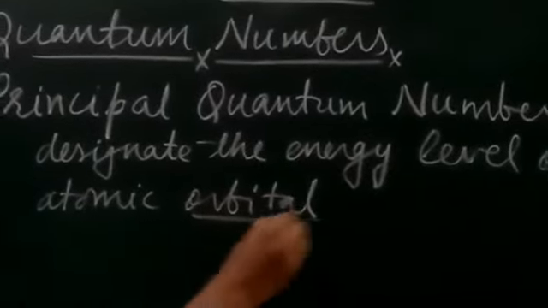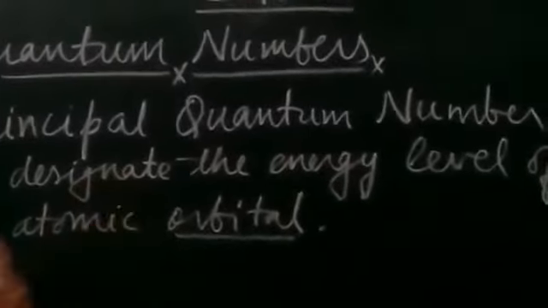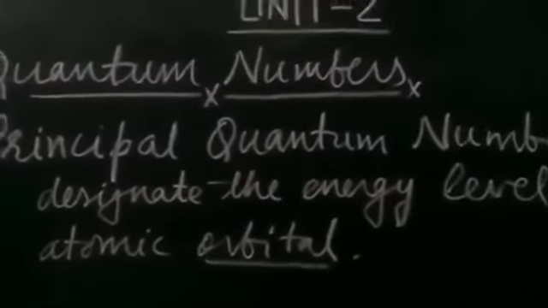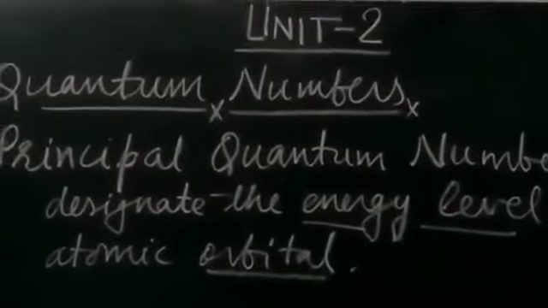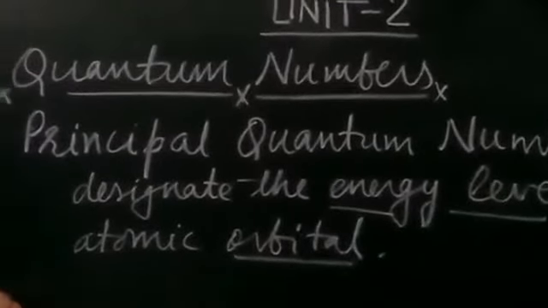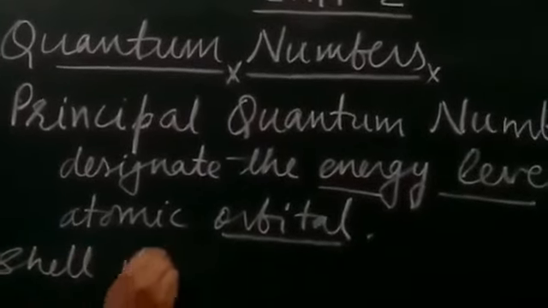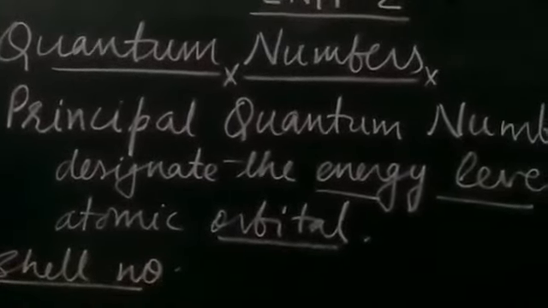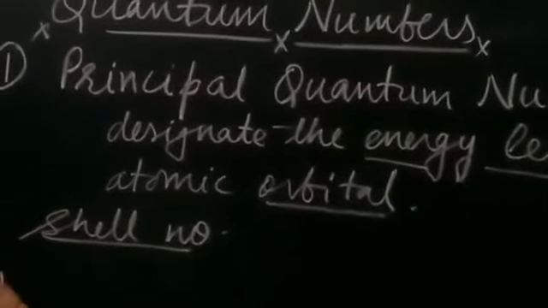So it will be the energy of that electron also which will be present in this atomic orbital. So it is denoting the energy level. So n denotes the energy level, or we can say it denotes the shell number.